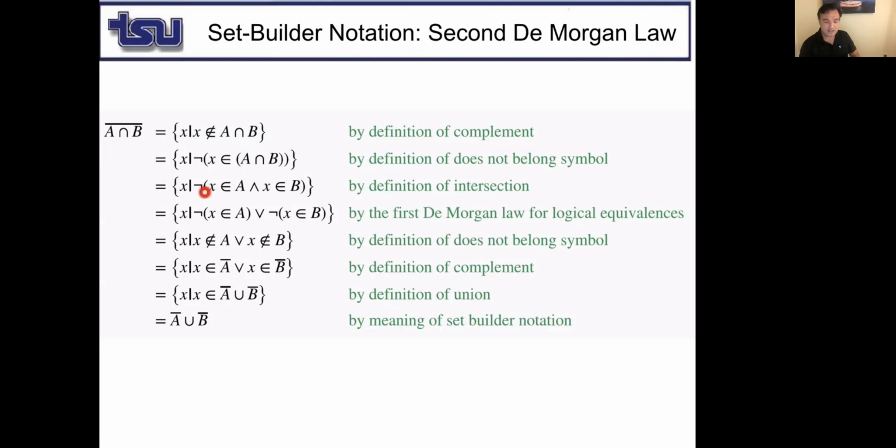That means X in A and X in B is not true. That means X in A is not true, or X in B is not true. In other words, X is not in A or X is not in B, right? That means X is in A complement or X is in B complement. In other words, X is in A complement union B complement. And basically this set is exactly this set, right? So we just prove directly, okay?